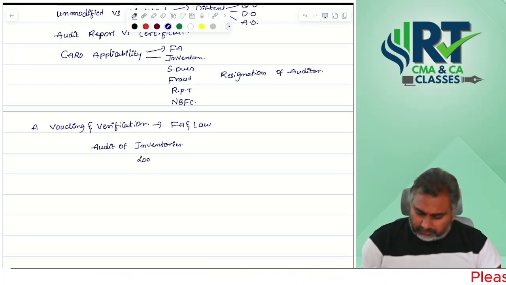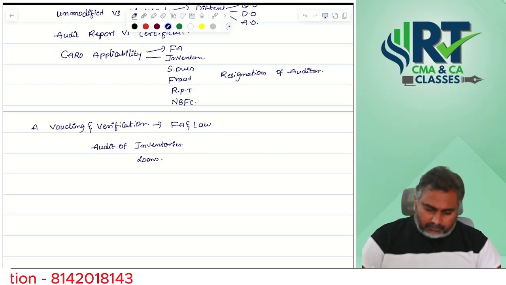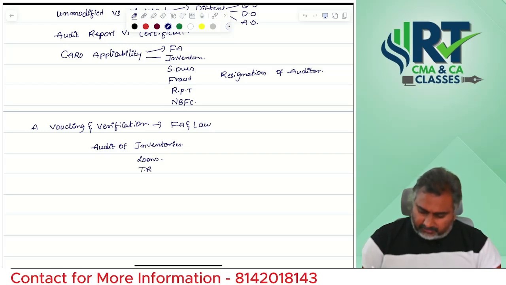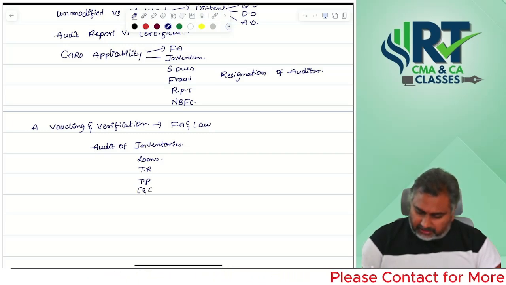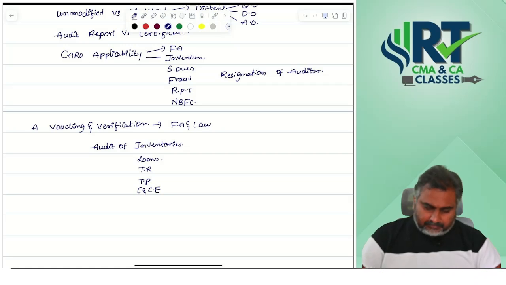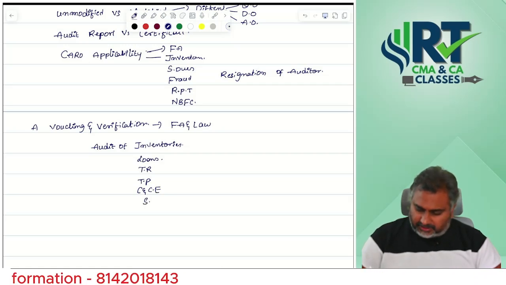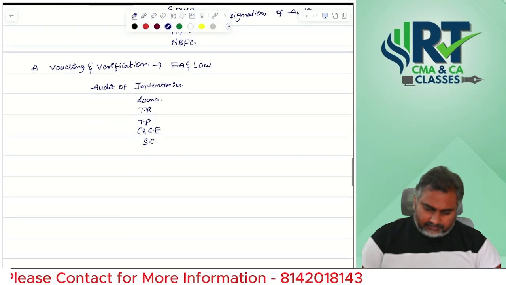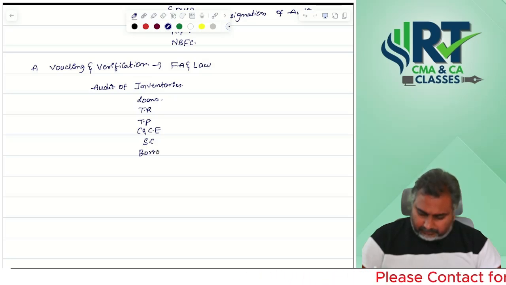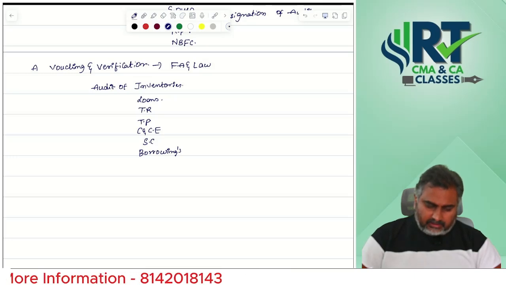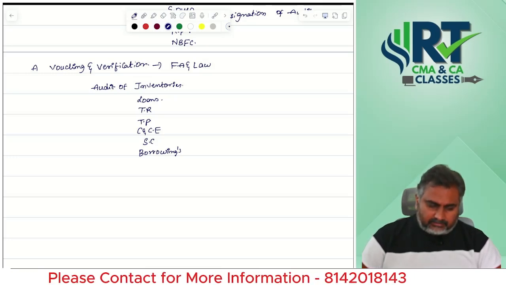And loans: how you will do audit of loans, trade receivables, trade payables, cash and cash equivalents, share capital, borrowings. Like that, you may focus on these items.